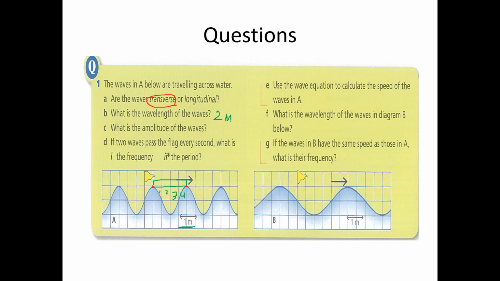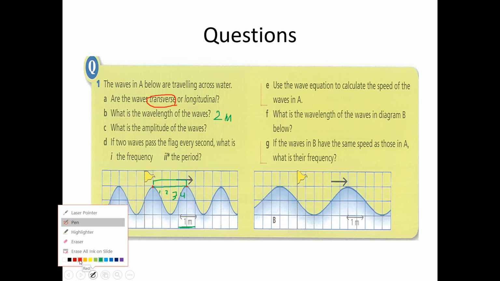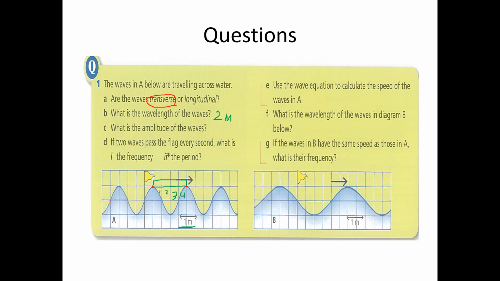C. What is the amplitude of the wave? As we explained before, what do you mean by amplitude? It's the maximum distance from rest. So here we have the wave. The rest point is here. So the distance from here to the maximum, how much is it?